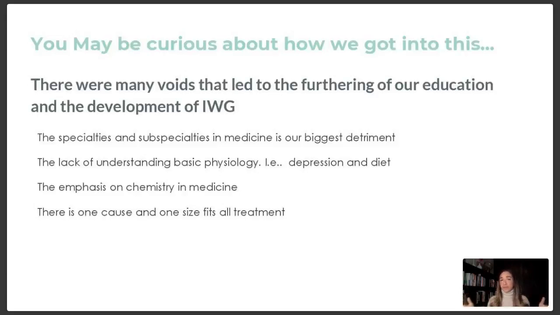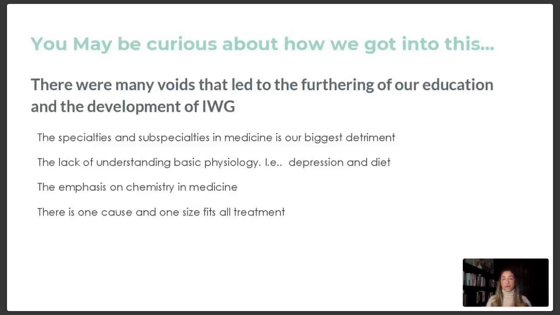We are assuming that everything is functioning independently. And this brings me to my second point, that this is just removing the understanding of basic physiology. What I mean by this is that 90 to 95% of your serotonin, which is your feel-good hormone, is made in your gut.